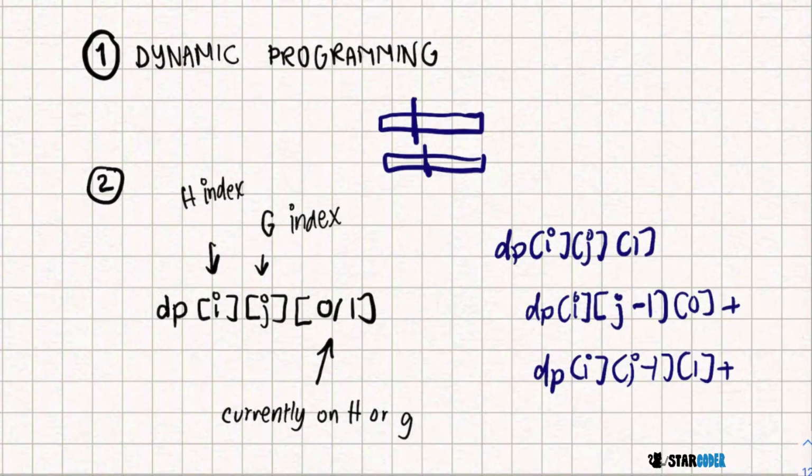And at the very end, we're just going to output dp[h][g][0] because the problem specifies that we need to end up here.